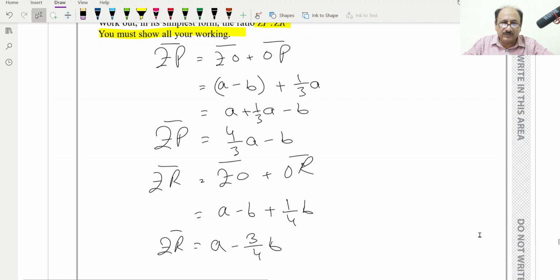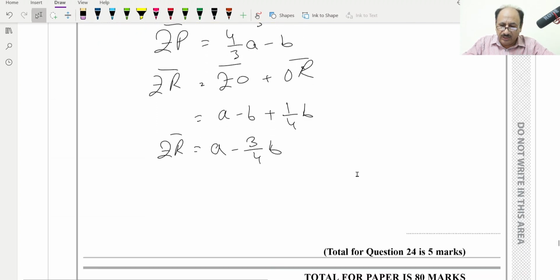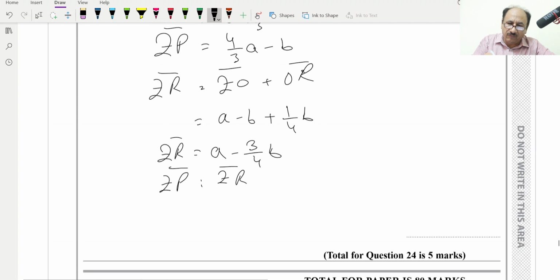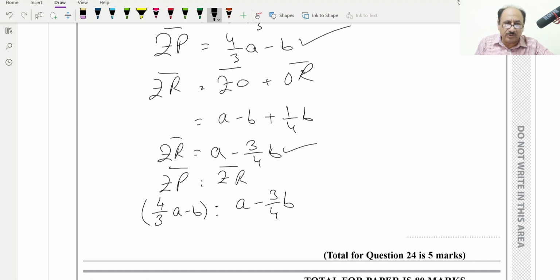After calculating this, we can write the ratio, which is ZP ratio ZR, and we will write this one, ZP. We calculated over here 4/3 A minus B, and ratio, this will be ZR, which is A minus 3/4 B, which we have calculated over here.